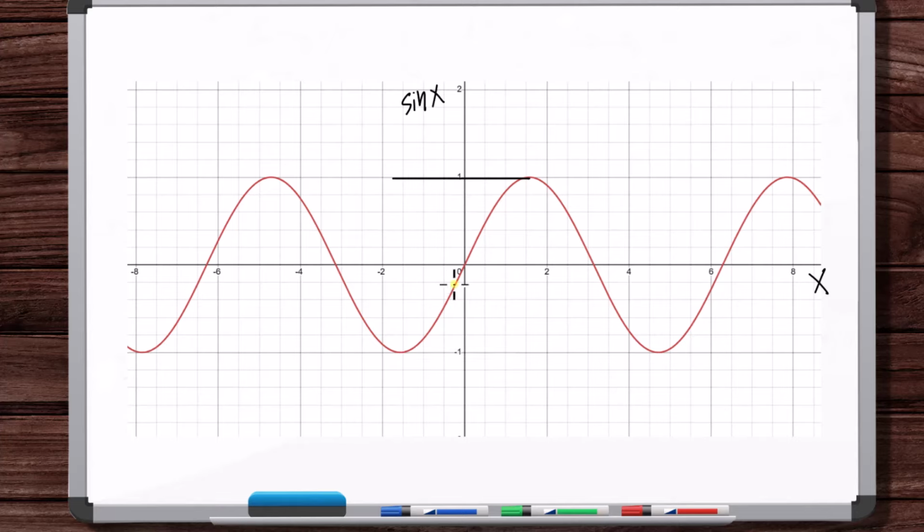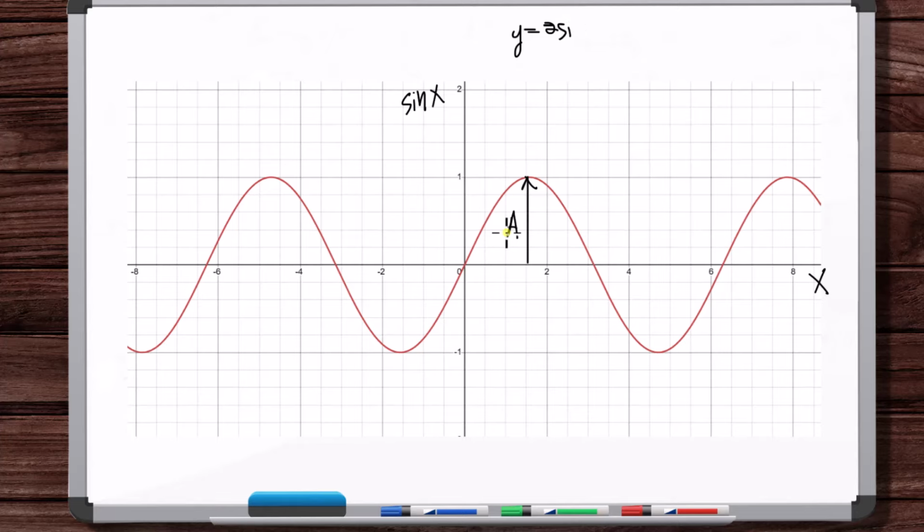So the amplitude is this height here. That's how you think about stretching or shrinking about the y-axis of a sinusoid. If I did y is equal to 2 sine x, then I'm multiplying the amplitude by 2.